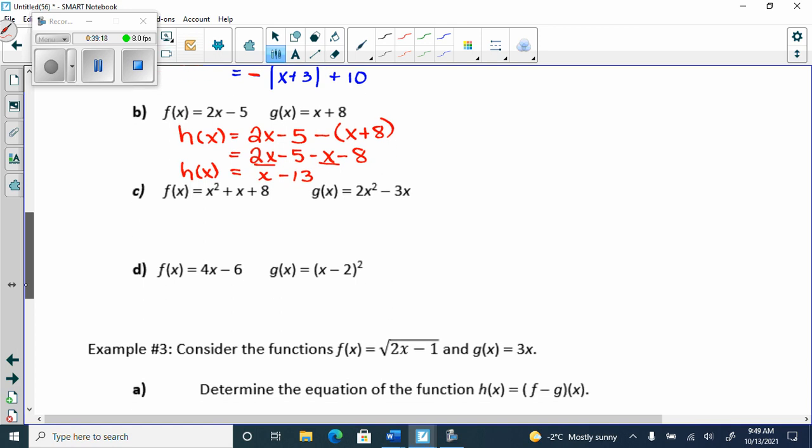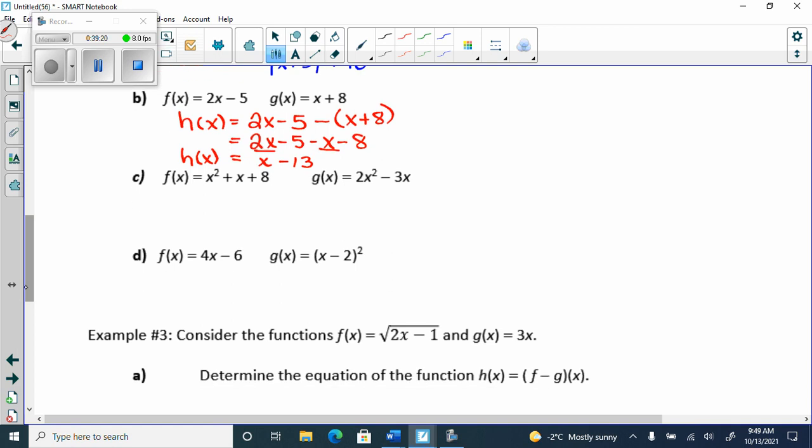Okay, C, a quadratic and a quadratic. Domain of a quadratic is x in the reals. Domain of a quadratic is x in the reals. So where do they both exist? x in the reals. So I could say that the domain of h of x is going to be x in the reals. I can do that immediately. If I want anything more, I have to actually do work. But domain, I can just do really quickly.